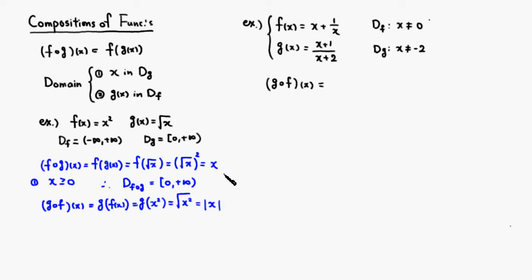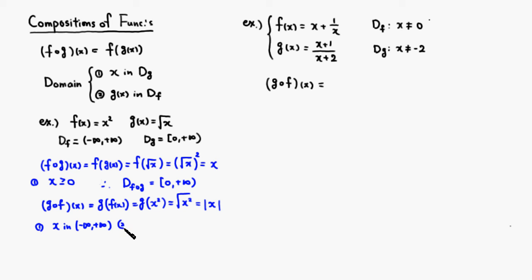Then here we have to check the first condition to find the domain. x has to be in the domain of the inside function, but the domain of x is all real numbers. So it doesn't really give us any restriction.